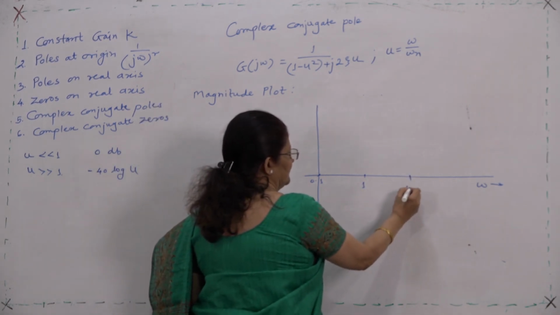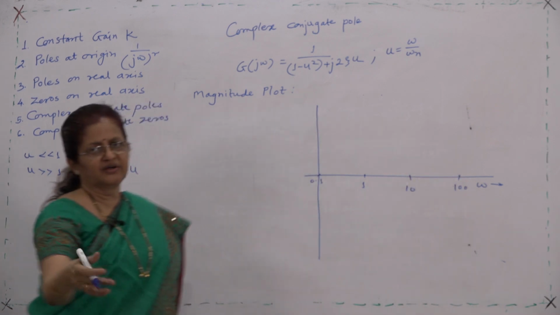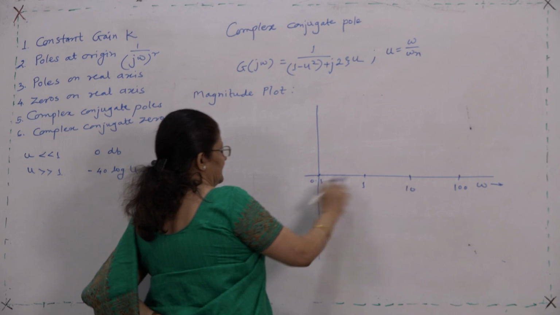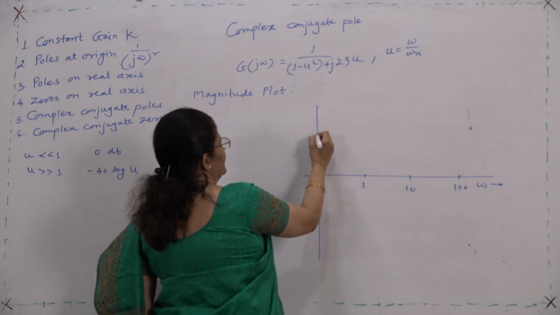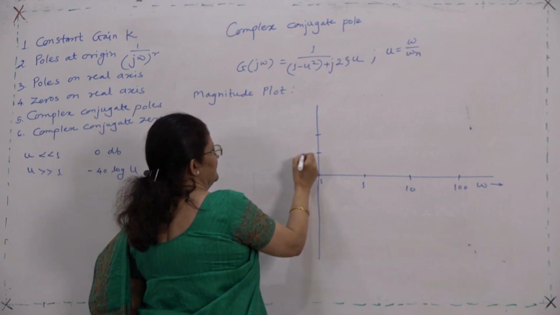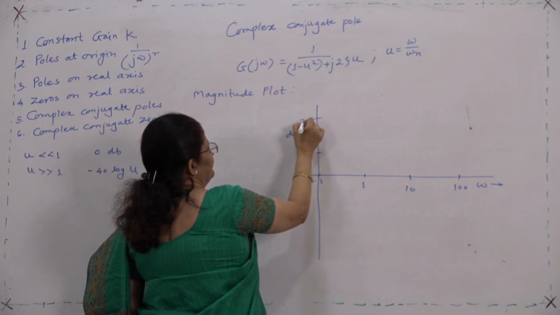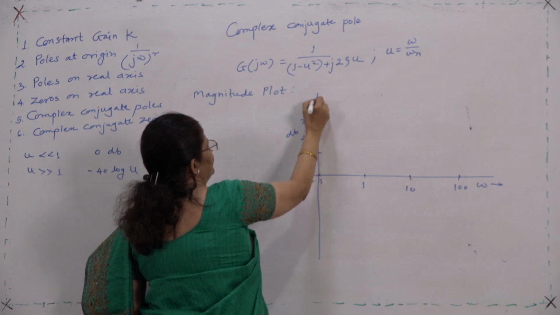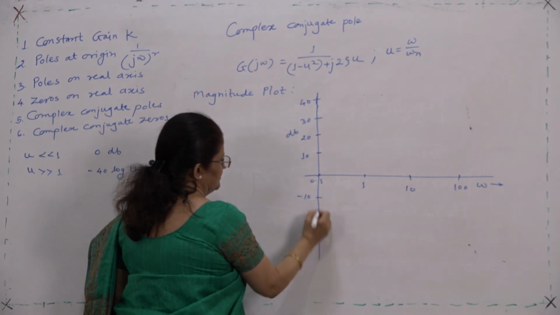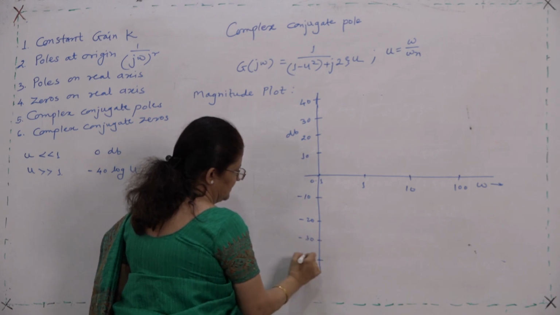Next is 1 to 10, that is 2, 3, 4 like that. Next is 10 to 100, that is 20, 30, 40 like that. So, we are using a logarithmic scale, while the y axis scale is a linear scale, and we can write here 10 dB, 20 dB in that way. Here minus 10, minus 20, minus 30, minus 40.